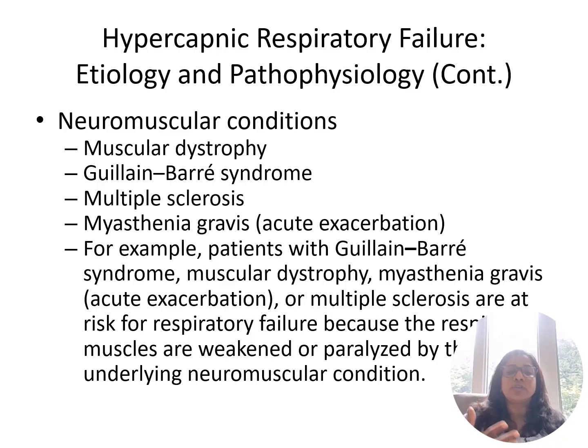Then what you're going to watch for is, are they going into respiratory failure? With multiple sclerosis and muscular dystrophy, it's more slow progress. They might eventually go into respiratory failure, but it's going to be more chronic.